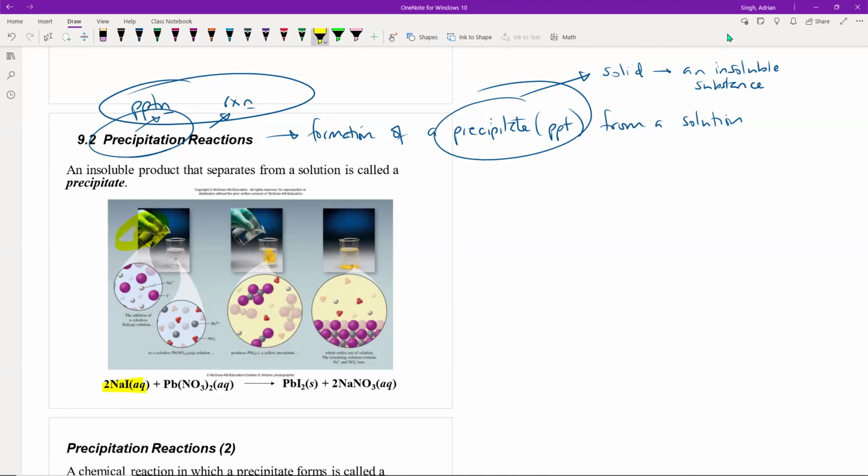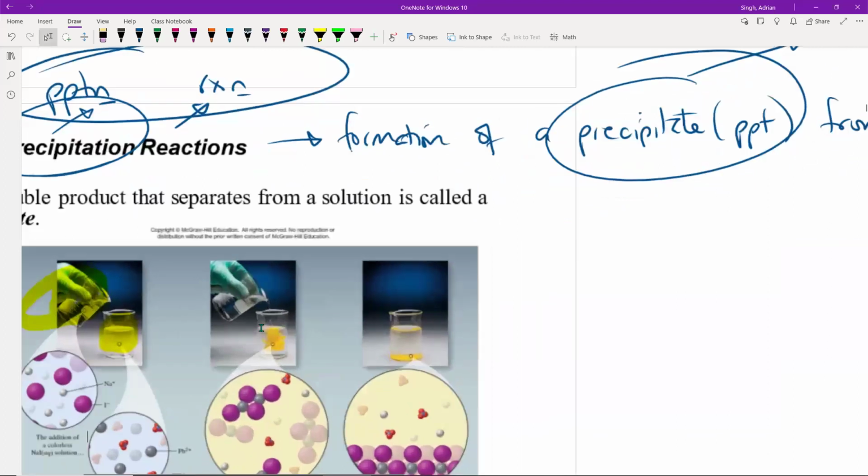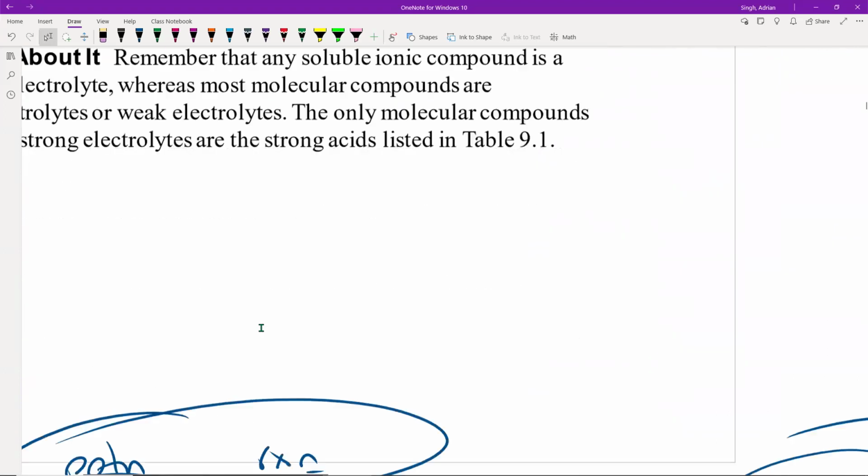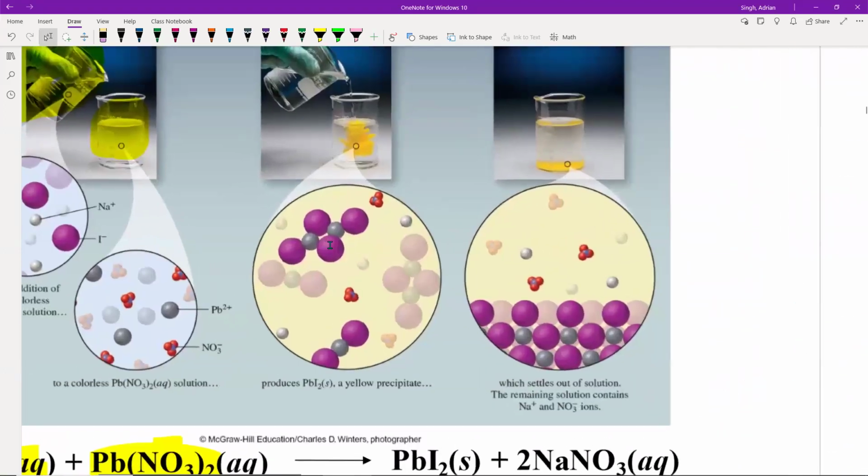We have lead 2 nitrate, which is in the beaker that's just placed on the table, sorry. They're both aqueous solutions. They both are clear, they're colorless. You mix them together, and what you actually see is this yellow solid being produced. Okay, obviously now we can refer to that solid as a precipitate that we observe in the solution.